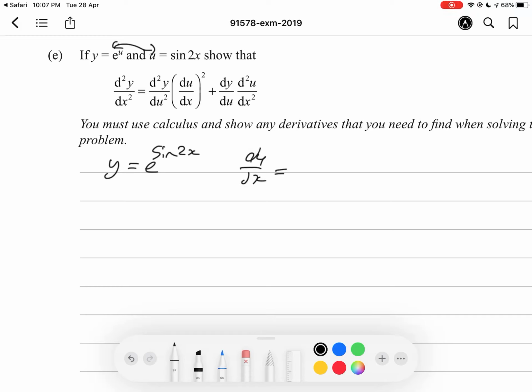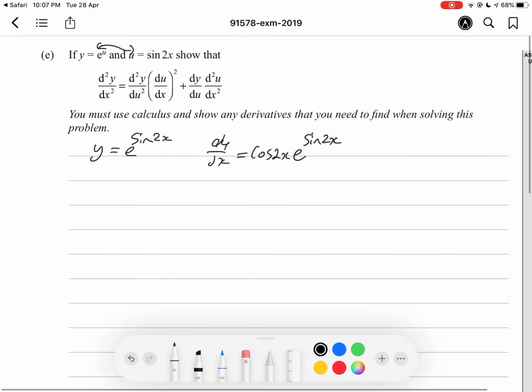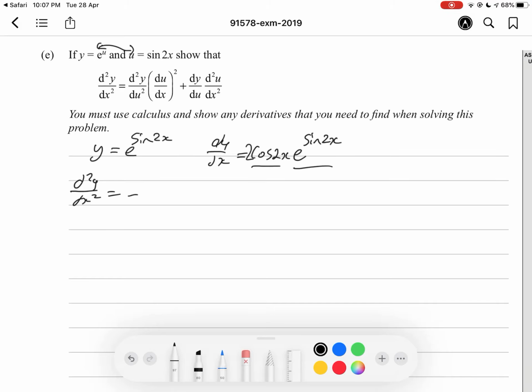So dy over dx equals 2 cos 2x e to the power of sine 2x. And we want to find the second derivative, so d squared y over dx squared. Now we have two functions, so we need to use the product rule. Sorry, I forgot to write the 2 there.